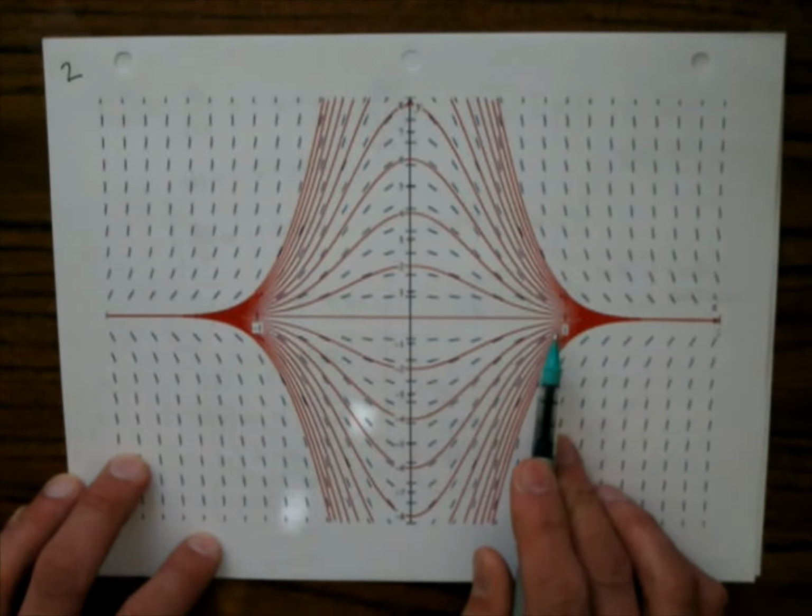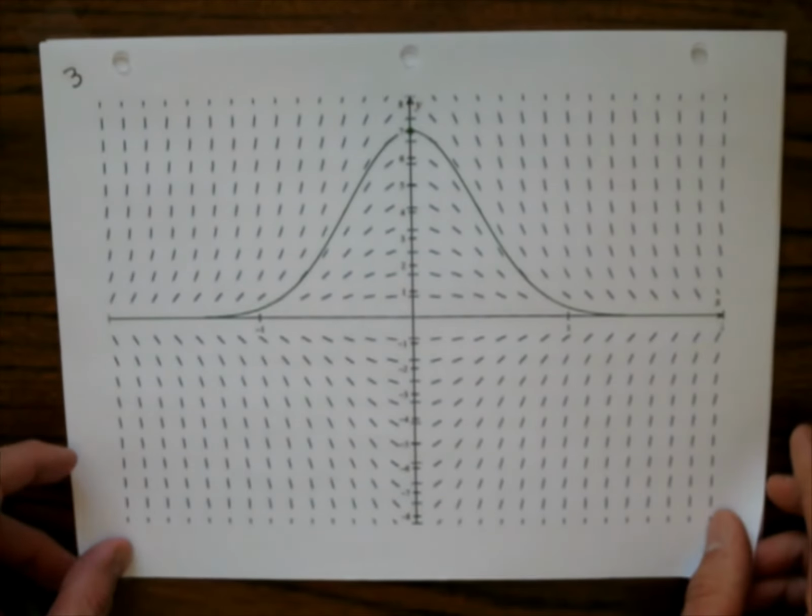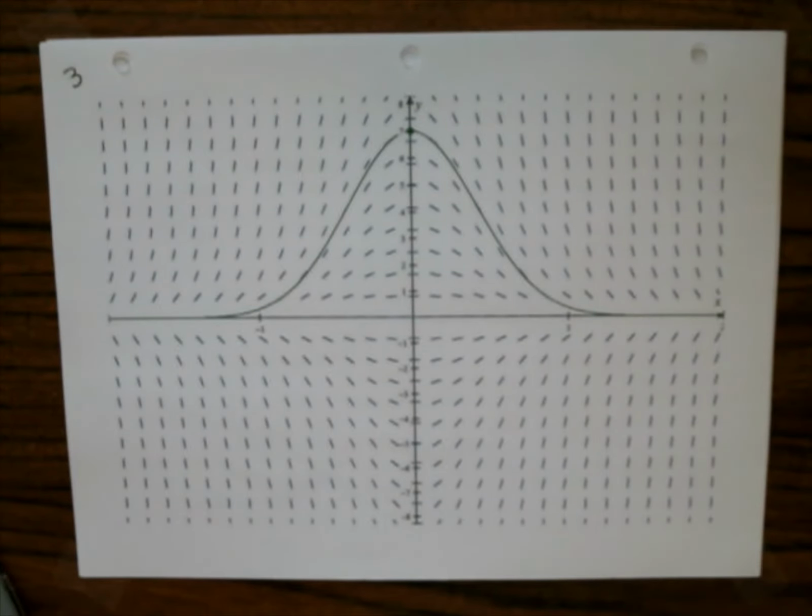Now, this is going to be probably a little harder to see, but there's the point (0, 7). And I want to know which one of those family members, there's infinitely many, go through that point. So the existence and uniqueness theorem says that we can find a particular solution, and the particular solution is that one right there. That is the one that was y equals 7e to the negative 3x squared.